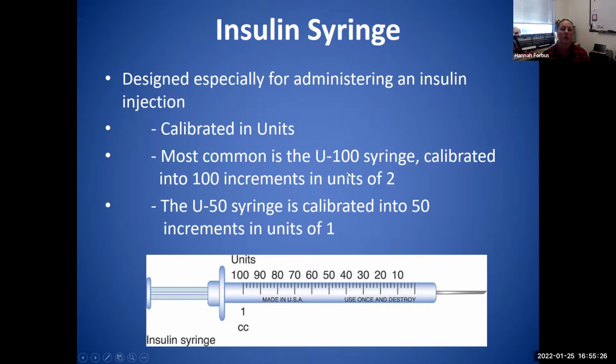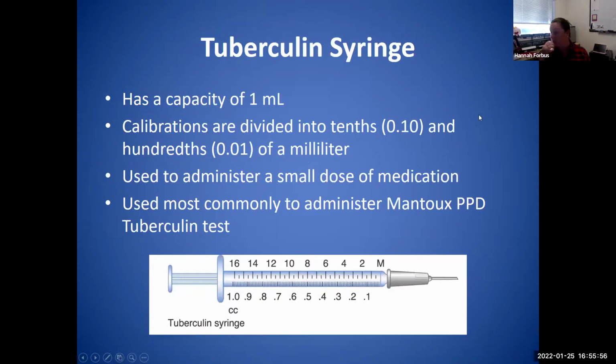Typically you'll see either a 100 unit syringe or a 50 unit syringe. If it's a 100, usually each tick calibration is 2 units, and if it's the 50, then they'll usually be in increments of 1. Every insulin syringe that you see should have an orange cap on it, to indicate that it's an insulin syringe, and you should not be using it to draw up a regular medication or immunization.